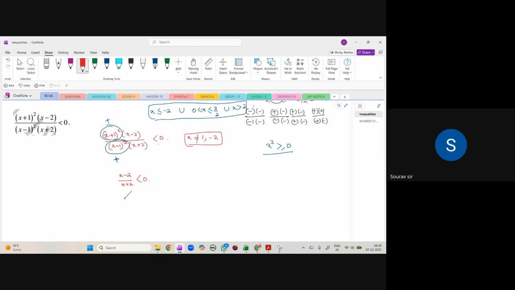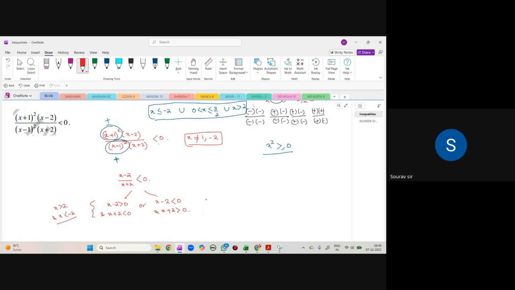Right? So what are the possibilities? x minus 2 greater than 0 and x plus 2 less than 0, one positive, one negative, or x minus 2 less than 0 and x plus 2 greater than 0. So from the first case, you get x greater than 2 and x less than minus 2.